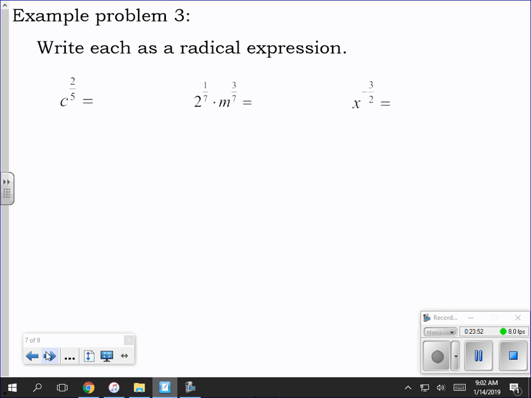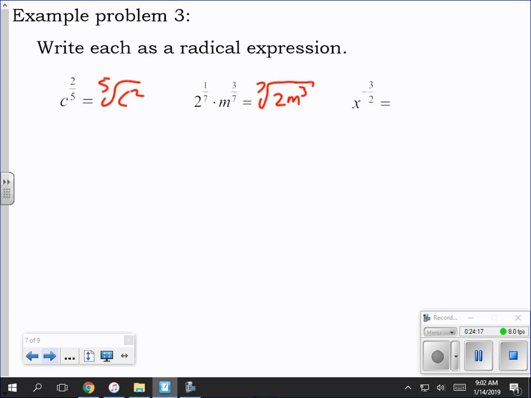Your denominator is the index for your root. The numerator is your power. This is the 5th root of c squared. Because I have a 7 denominator on both of these, this would be the 7th root of 2m cubed.